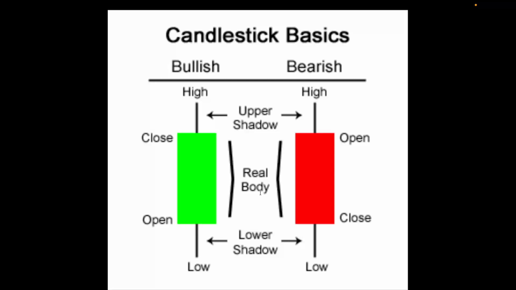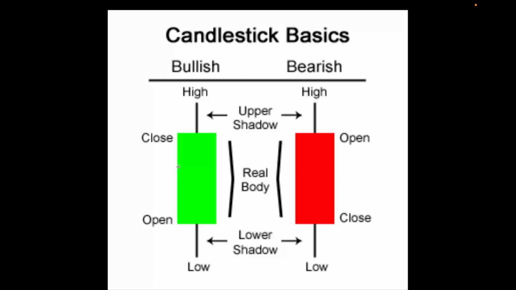You can customize your bullish candlestick to be white, golden, yellow, purple, or any color you want, and you might not want to use red for the bearish candlestick. But traditionally, we have two forms of candlesticks: bullish for green and bearish for red.